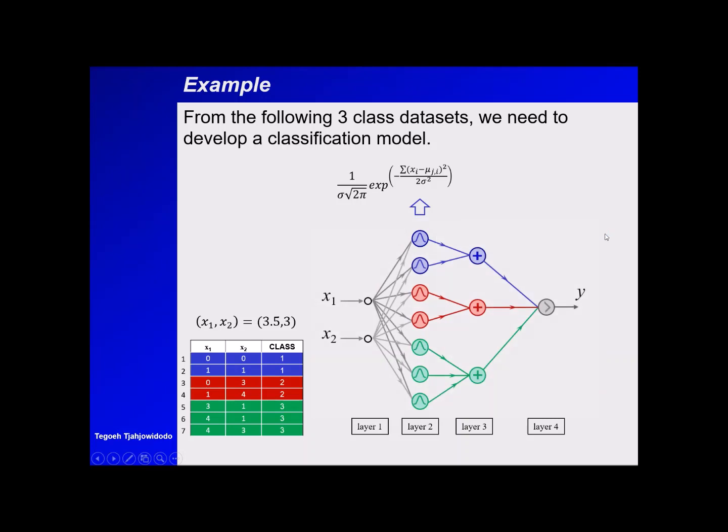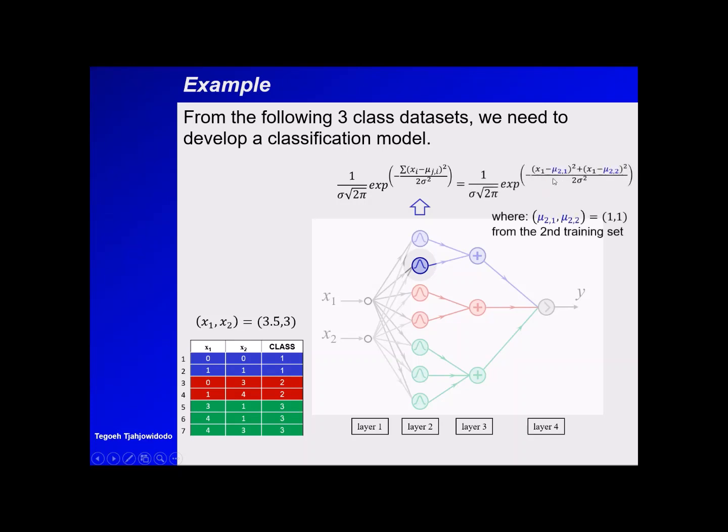Now you have to do it again for the second neuron. But here x1 is still the same, 3.5, but the first mu, mu2,1, is the mu from the second data set that corresponds to this neuron, of course.